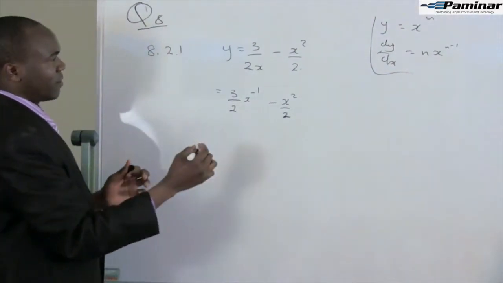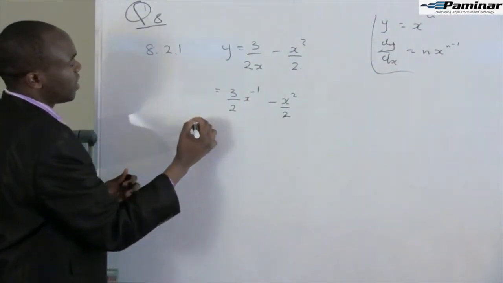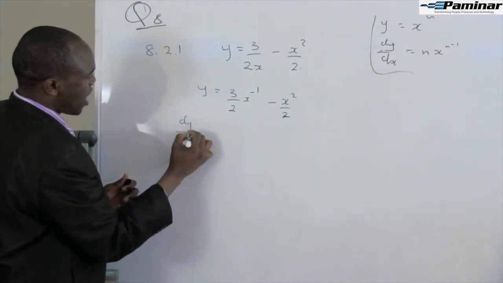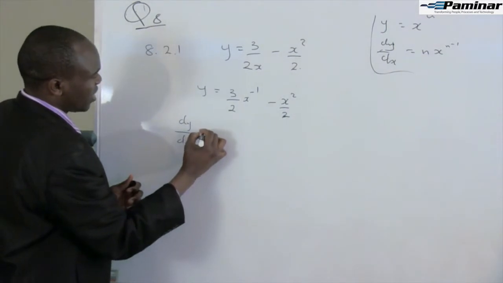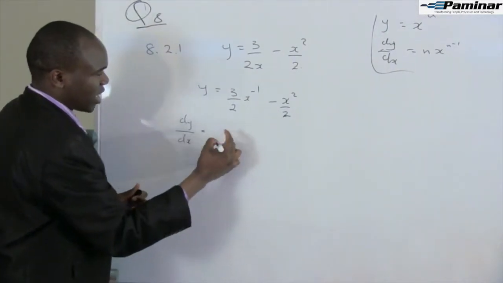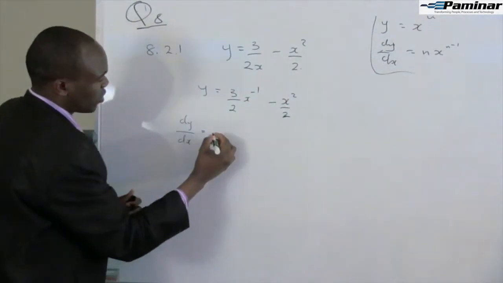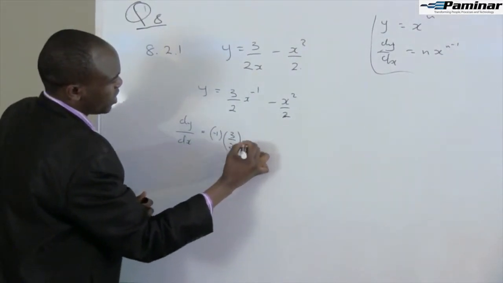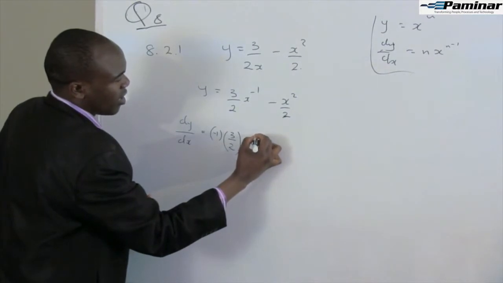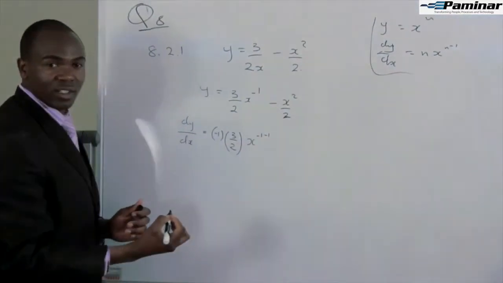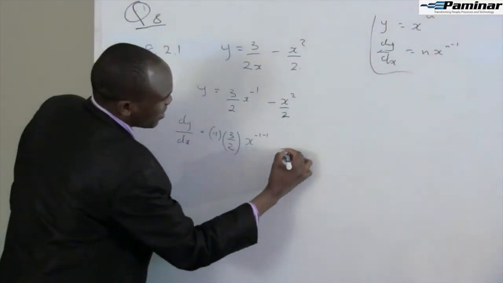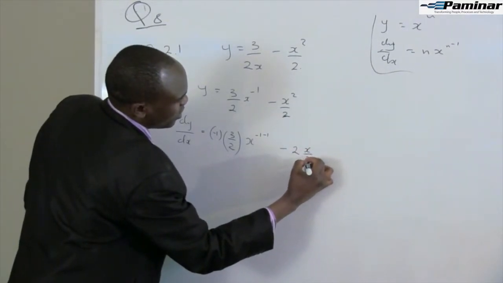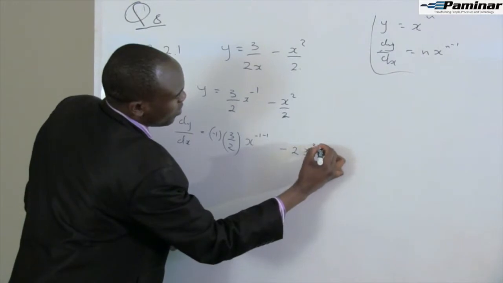This is still y, and when you say dy over dx, remember that rule, so it's minus 1 times 3 over 2 x to the power minus 1 minus 1, minus now 2x over 2 to the power 2 minus 1.